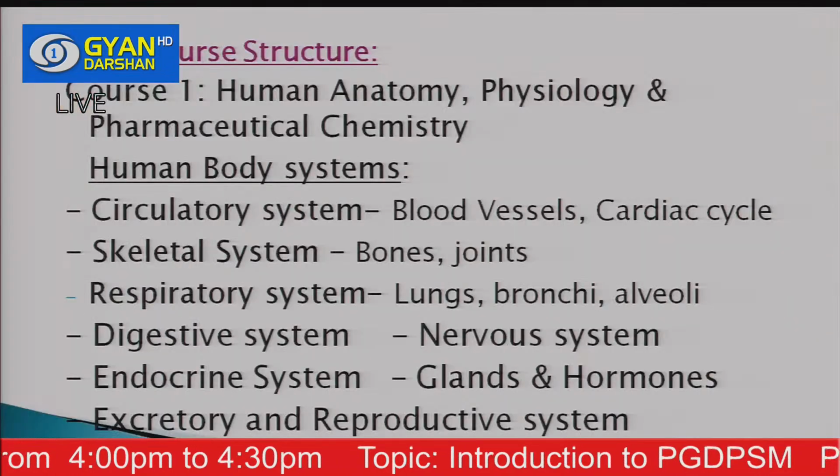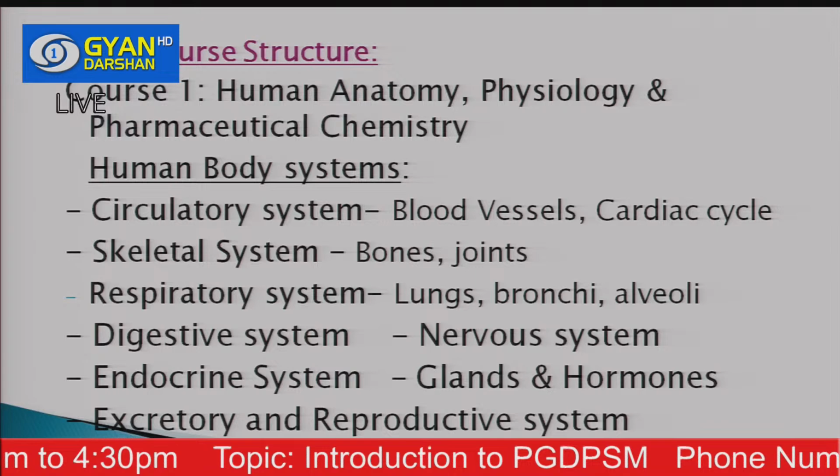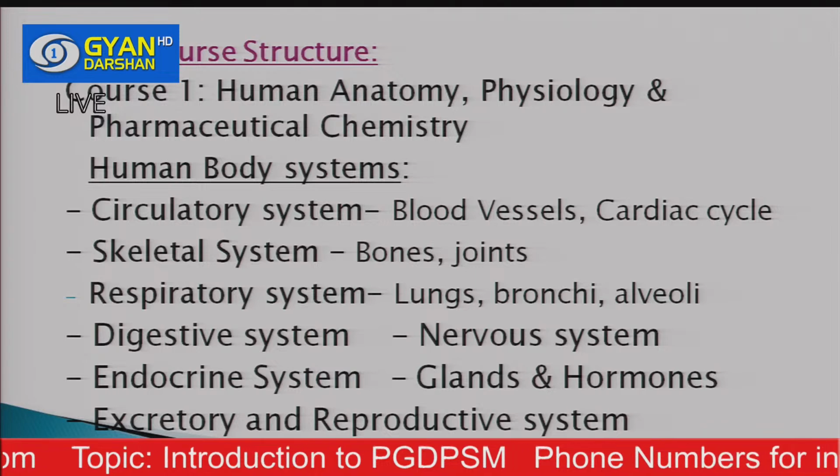So a basic knowledge about all these systems is given in the very first course, and you can see the digestive system, endocrine system, glands, excretory and reproductive systems, all very well explained.